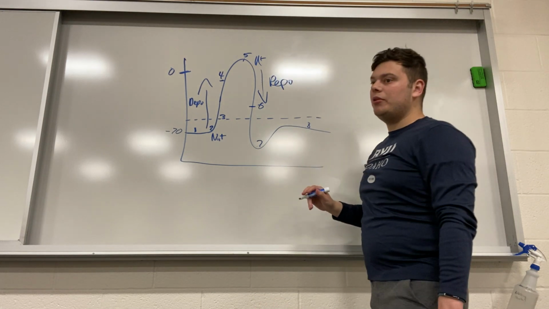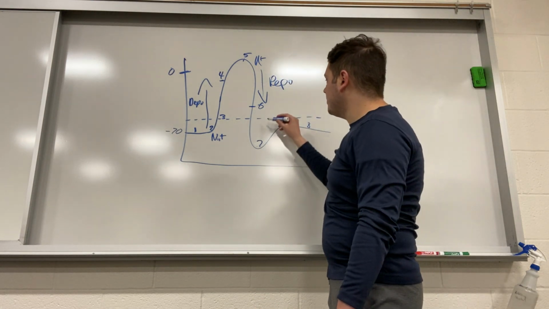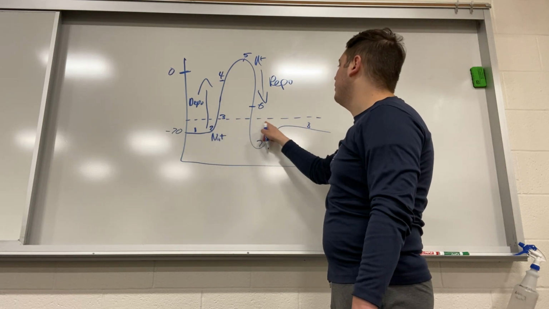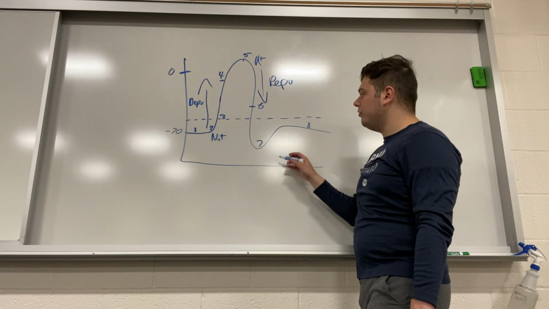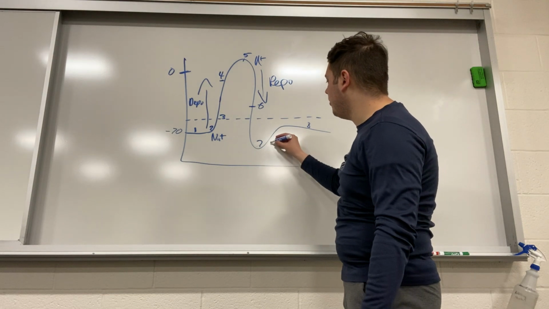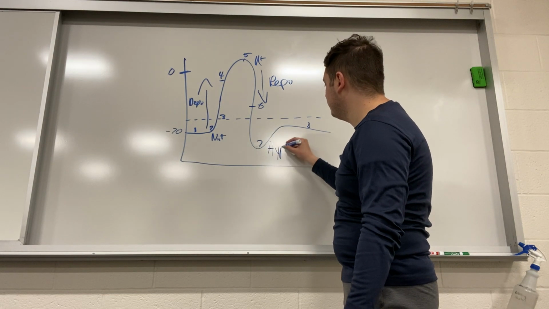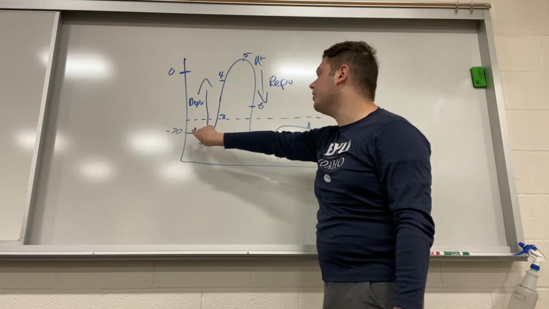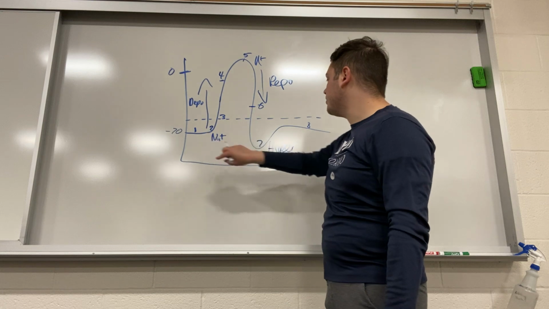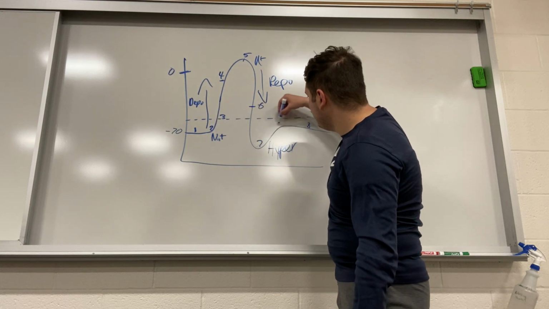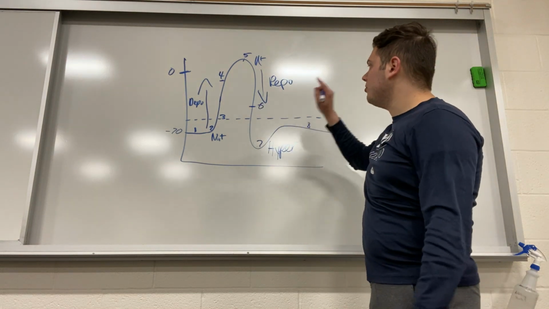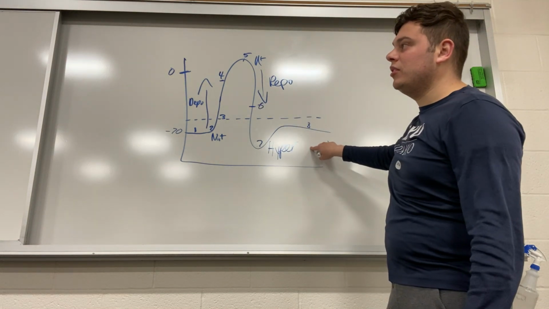So repo is going back towards the resting membrane potential and back towards our line here. And way down here where number 7 is, this is called hyperpolarization. As you can see, hyperpolarization is when we go under our resting membrane potential. As you can see, we're a little lower than it, and that is depolarization, repolarization, and hyperpolarization.